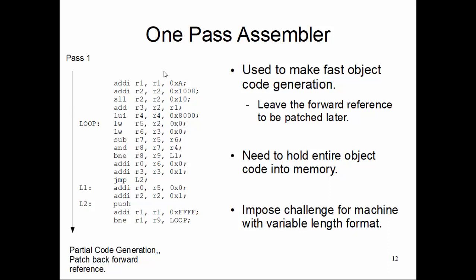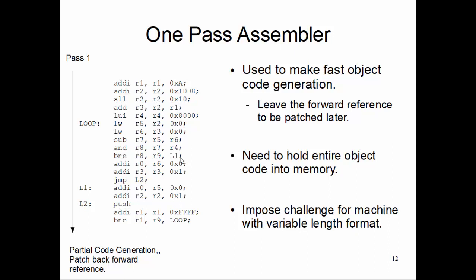For example, let's say we are happily doing machine code generation in a one pass assembler with all these instructions, till we hit this BNE R8 R9 L1. Till now we have not encountered the label name L1, so I cannot resolve the address of that L1.